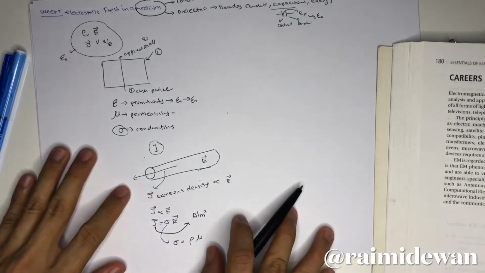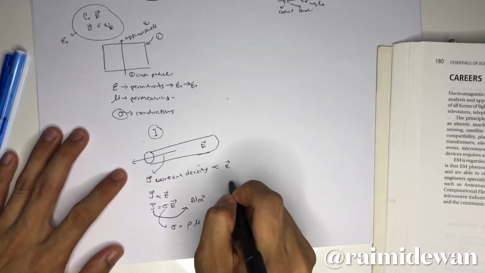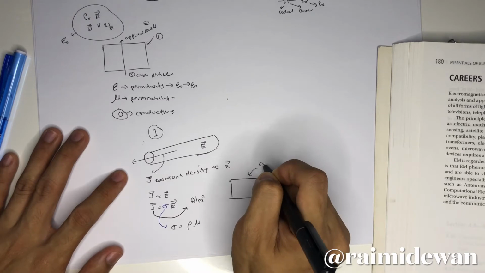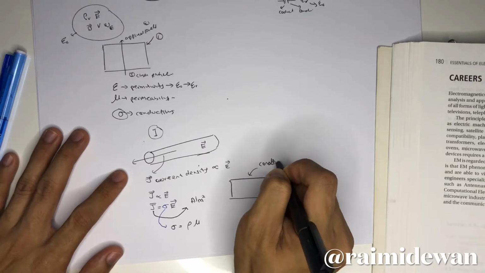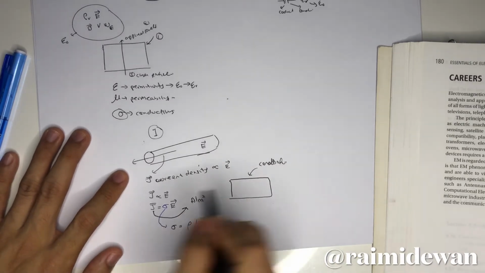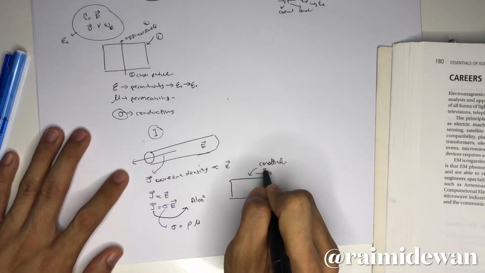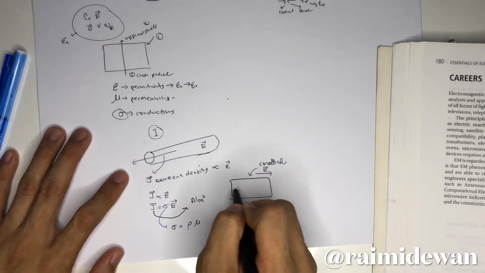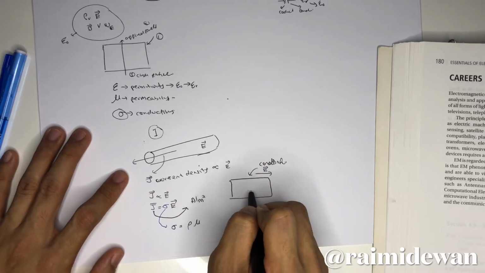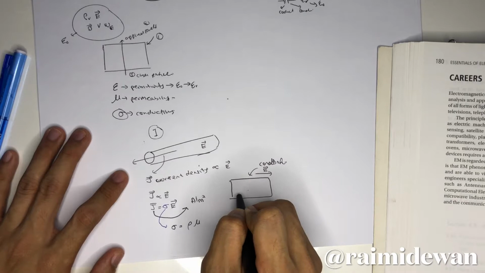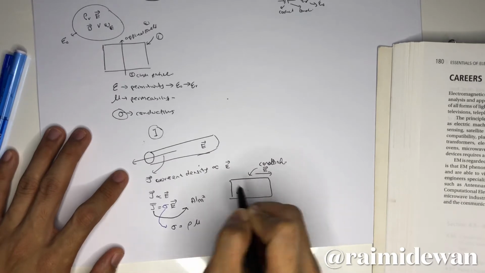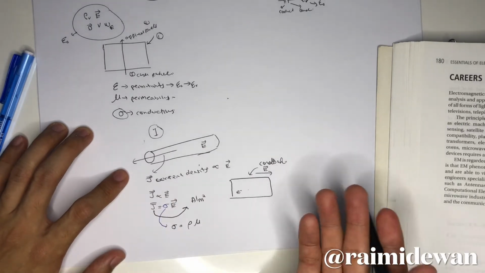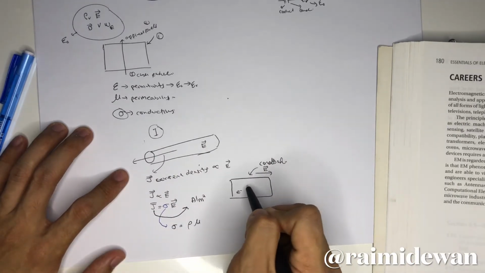So when you have a conductor, for example, when you have your electric field, then you have a moving charged particle. What is it? It is an electron. And you guys know, right? The electron moves in the opposite direction.